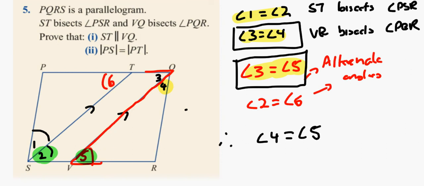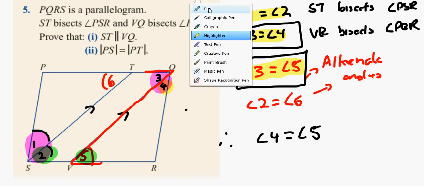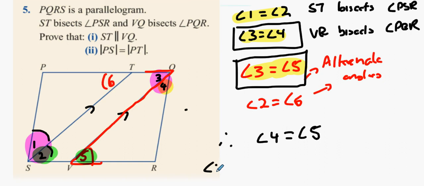So for me, I would use opposite ends of a parallelogram. In a parallelogram, the two angles that look at each other have to be the same. So essentially this angle here, which is 1 and 2, has to equal 3 and 4. So that's the way I would have done it. I would have said angle 1 plus angle 2 has to equal angle 3 plus angle 4, because they are opposite angles in the parallelogram.